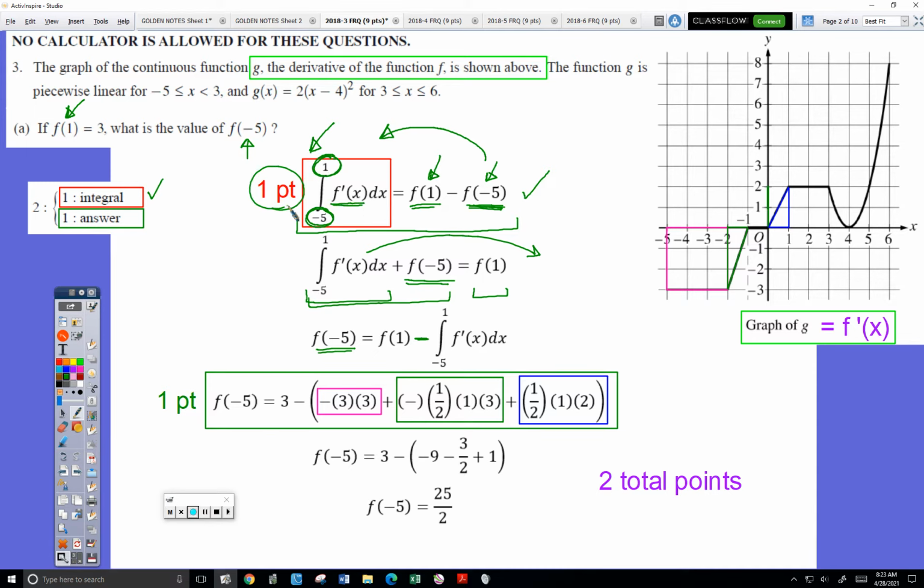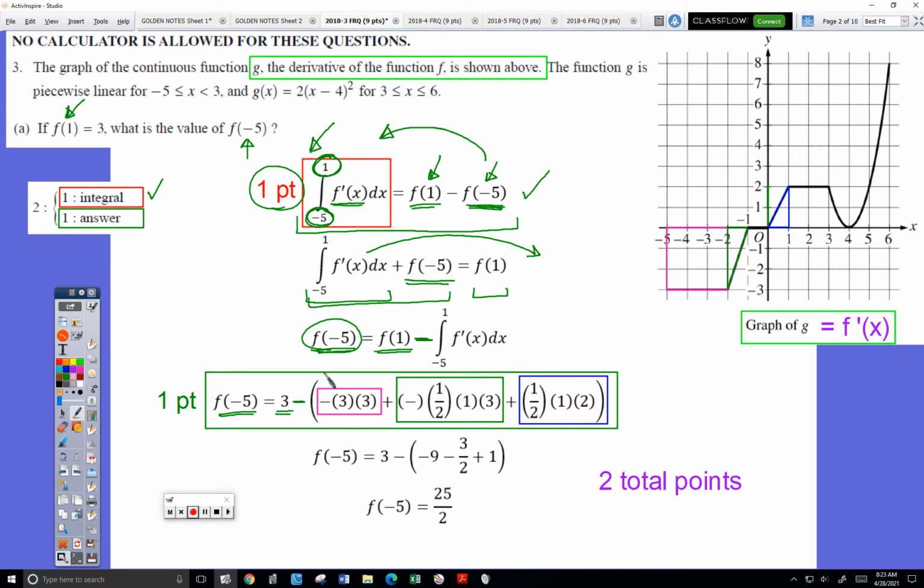Now I rearrange. I'm going to go find f of negative 5. So f of negative 5 is f of 1, which is 3, minus, here's the minus, the value of the integral. Now I must find the value of the integral.